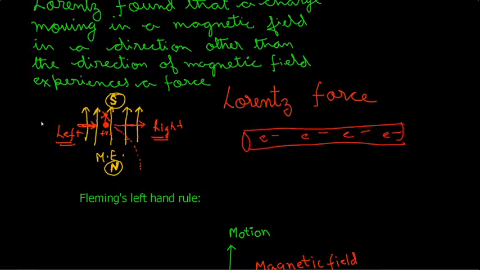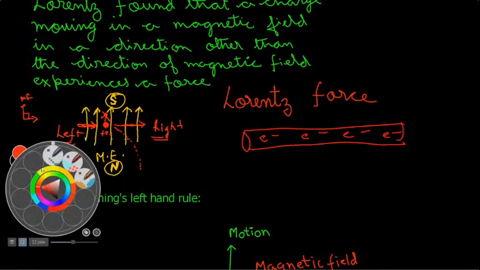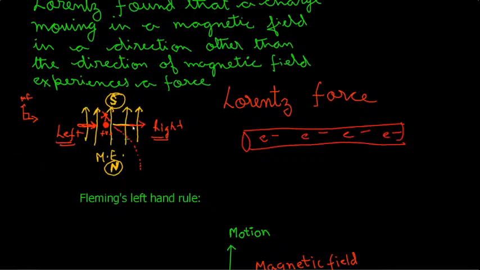The direction of the charge's motion and the direction of the magnetic field are perpendicular to each other. Instead of going straight, as shown by this yellow line, which is the path it should have taken, it was coming like this, so it should have gone like that.